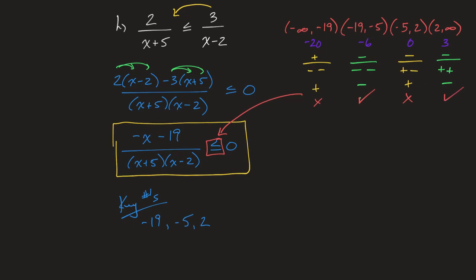Okay, hopefully you noticed I put no consideration whatsoever into whether there was an equals to in my inequality. So now I have to put that consideration in. And so when I go through to state my final solution, my eyes are also going back to which key value made my top equal to 0. It was the negative 19.